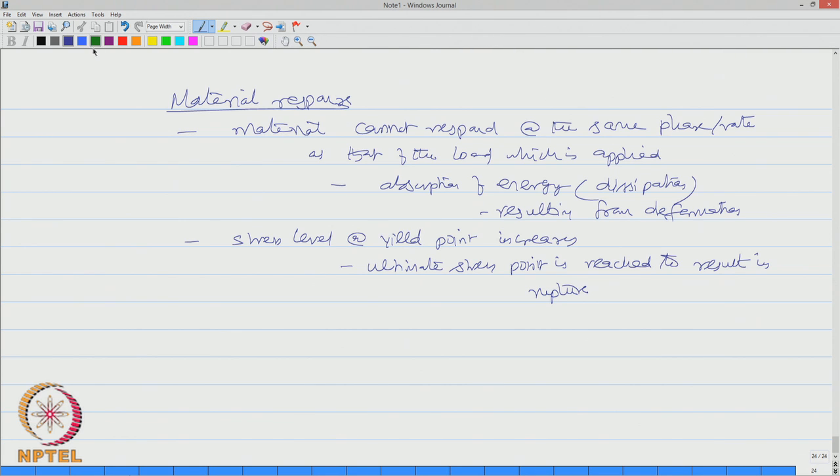So, interestingly, increase in strain rate leads to strength increase because of ductility.